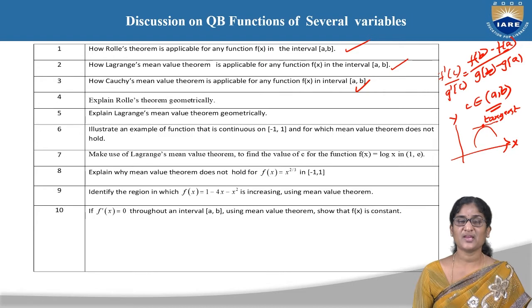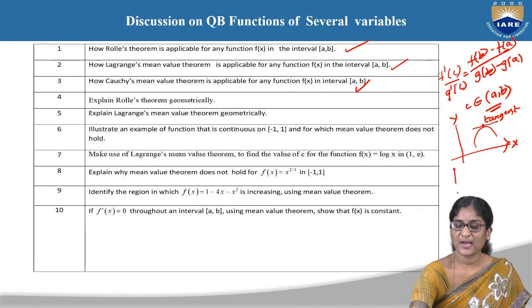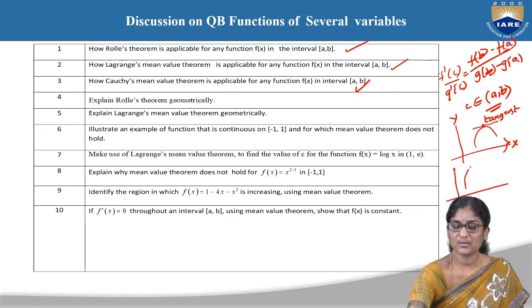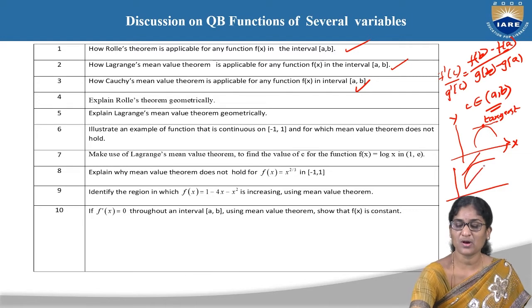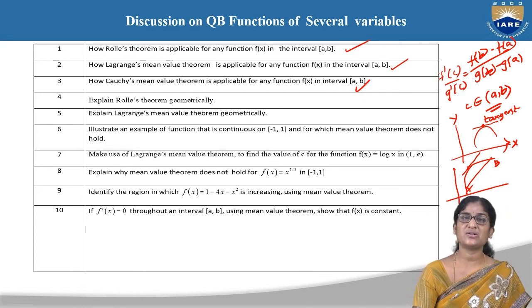That means f of x is not at the same height between a and b. Then there exists a point where the tangent at the point is parallel to the chord of the given curve. That is the geometrical interpretation of Lagrange's mean value theorem.